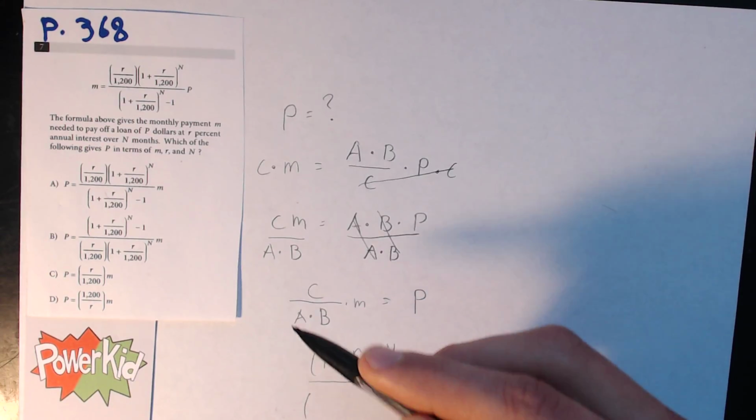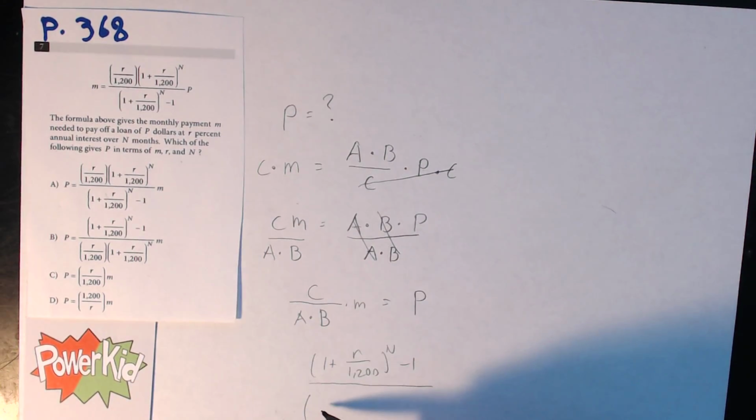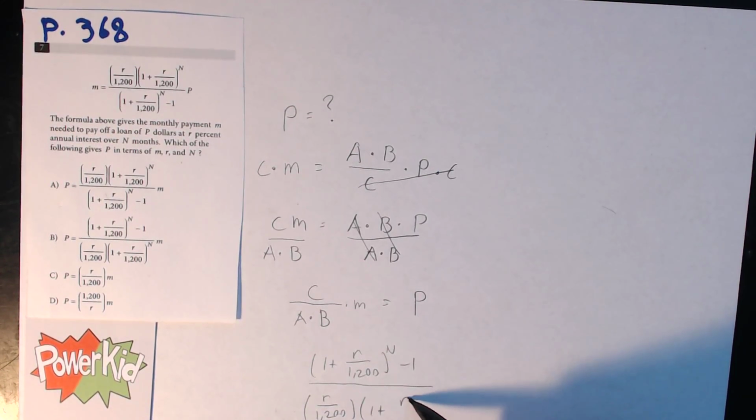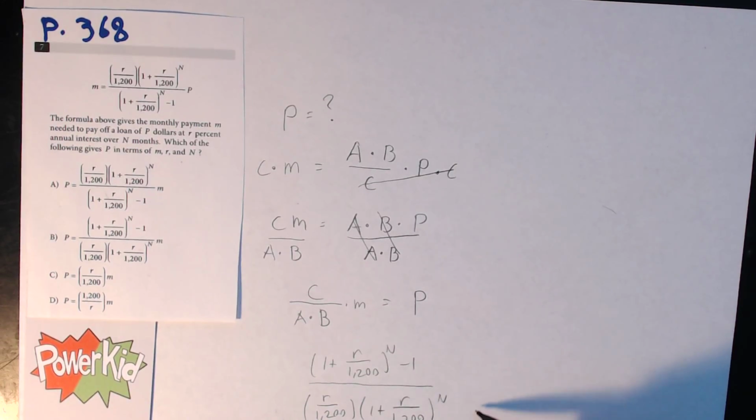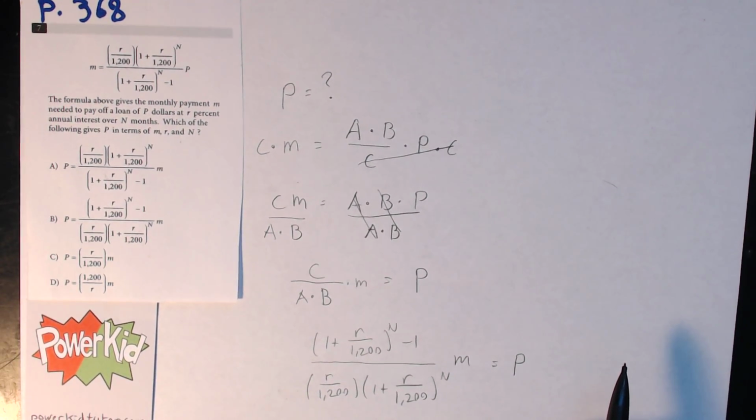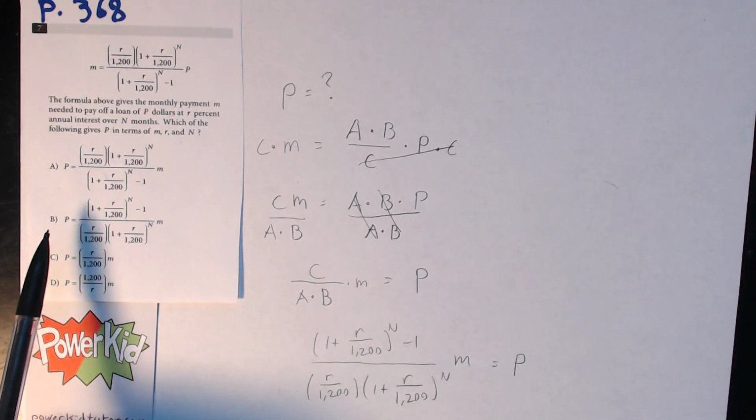And then A and B were these two things that were on top. So this is going to be R over 1200 times 1 plus R over another 1200 to the N. All this times M equals P. Let me move that up so you can see it a little. And that resembles perfectly letter B.